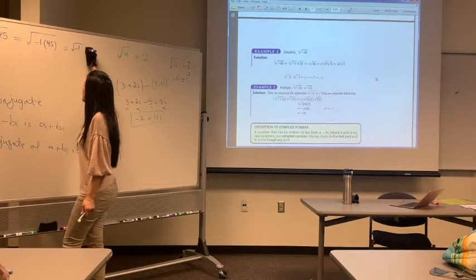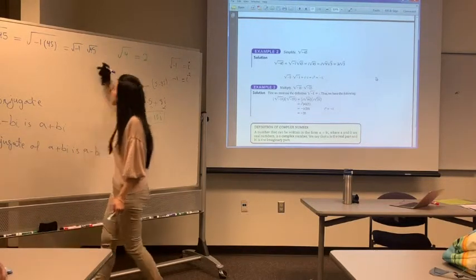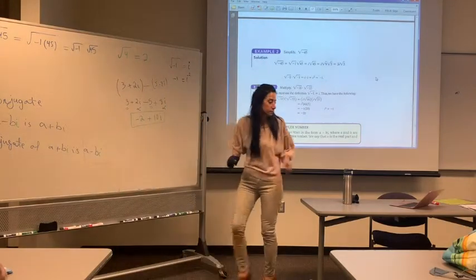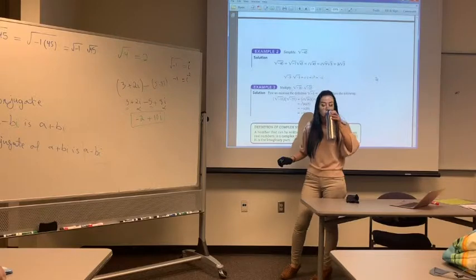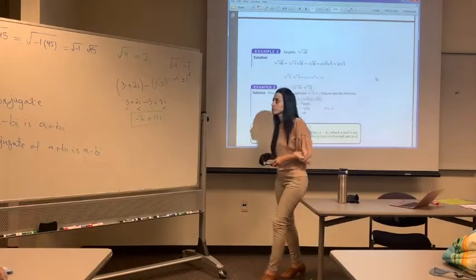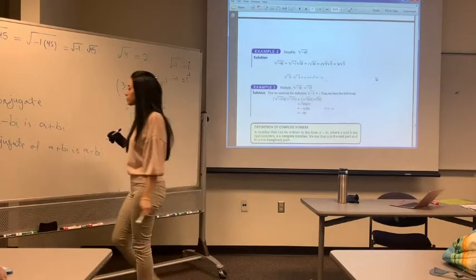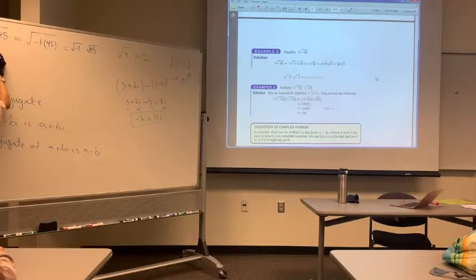Then you can separate them. Instead of radical negative 1, you can write down i.